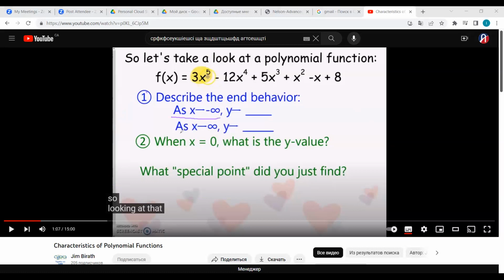The first one is to substitute x for positive infinity and negative infinity into your polynomial function and see what the end behavior is, or in other words, what values the function takes at the ends of its graph. So to the left-hand side and the right-hand side, where the graph points.